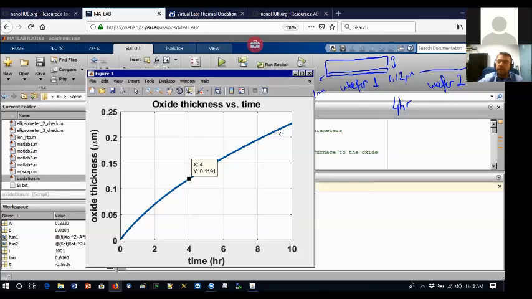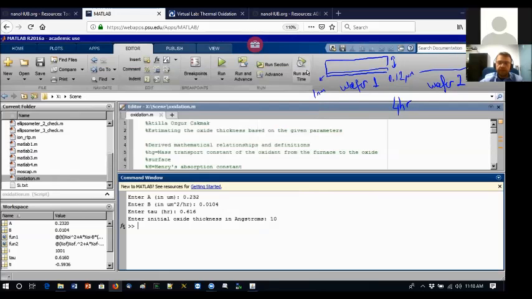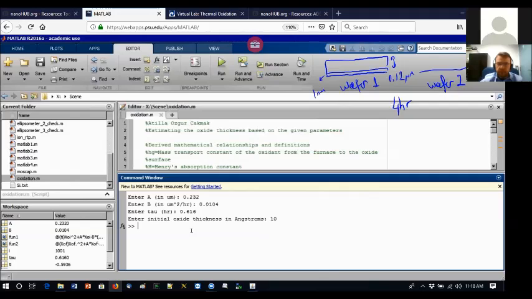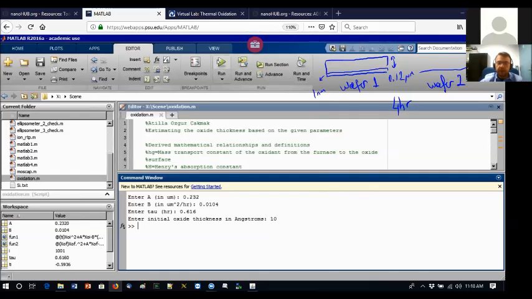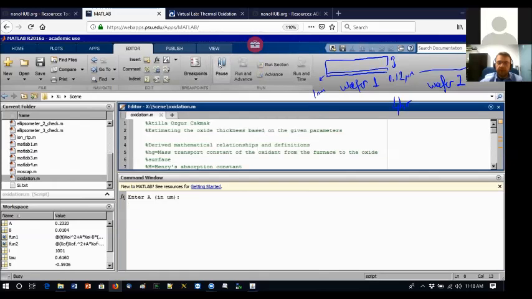Now, as for the second wafer, let's run the code again. So I'm going back to the same oxidation.m, just canceling that previous graph and running the code one more time.